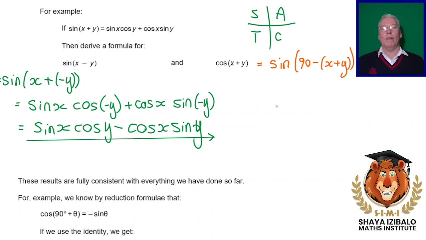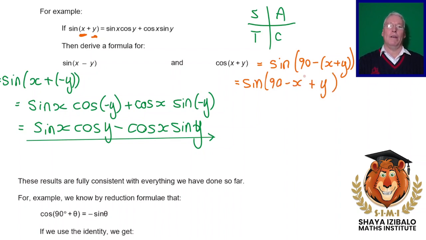But we want to manipulate that into a formula which has got sine of something plus something. So we're going to write that as sine of 90 minus x plus y. We're going to think of that 90 minus x as one thing and the plus y as the other thing. Now I want to show you how that looks in this formula.